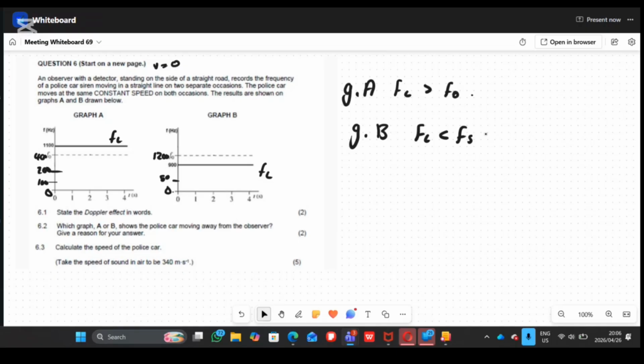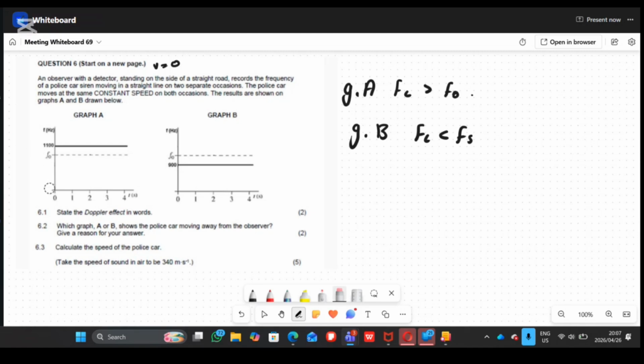So which graph, A or B, shows a police car moving away from an observer? Yeah, now let's talk. Which graph, A or B, shows a police car moving away from the observer? Which graph? Just raise your hand. Okay, you can answer.